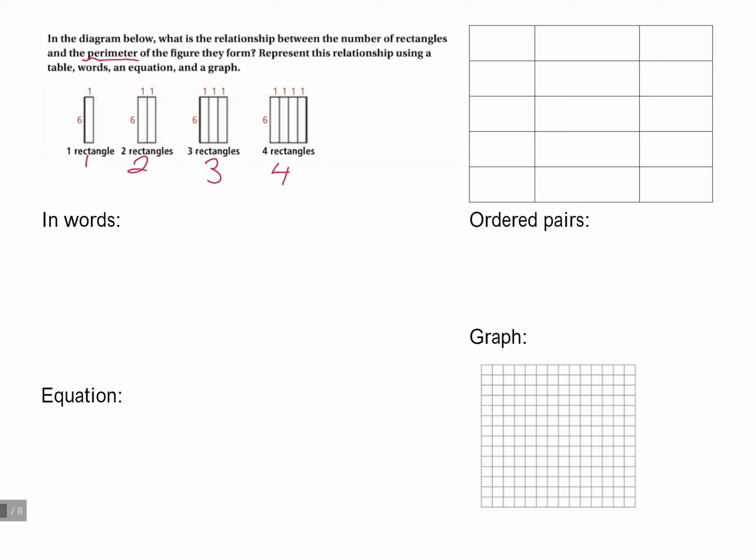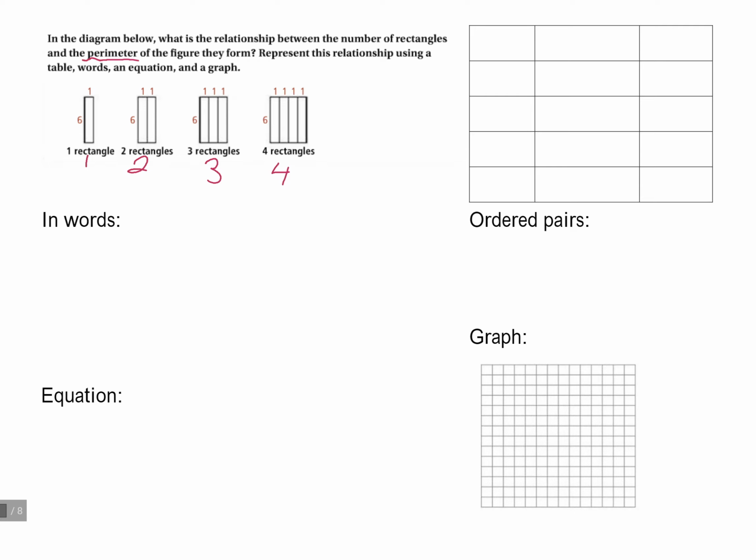So represent this relationship using a table. That's why the table is over there on the right, I guess. Words, so I gotta describe what's going on. An equation, so I gotta come up with an equation somehow. And a graph, so we gotta make the graph. So we can do all that. The first thing I wanna do is come up with the table.